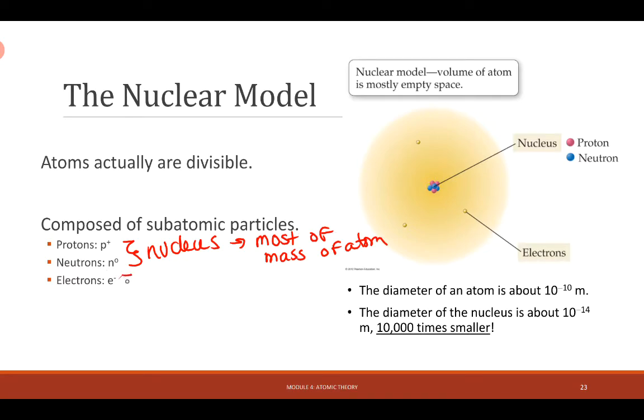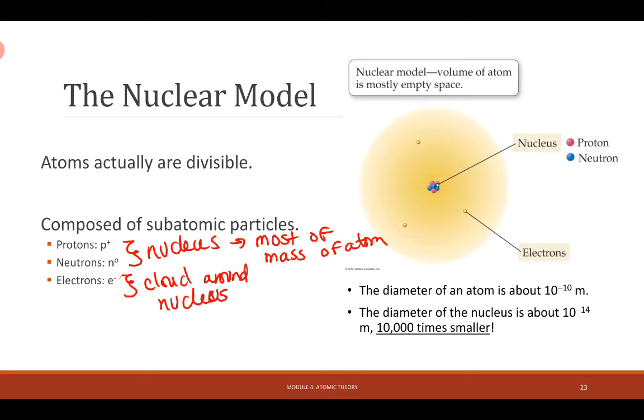And then the electrons are in some kind of cloud around the nucleus. And it's mostly empty space because the electrons don't occupy very much room.